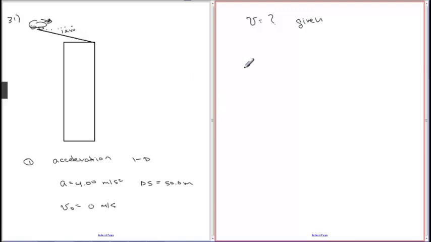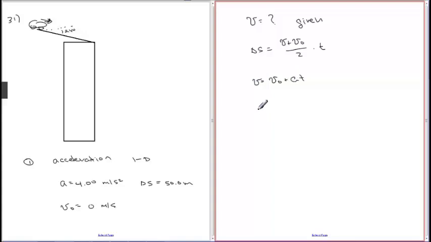In terms of which one do we use, let's write them down again. We have that delta S is equal to (V plus V0) over 2 times time. We have V is equal to V0 plus AT.